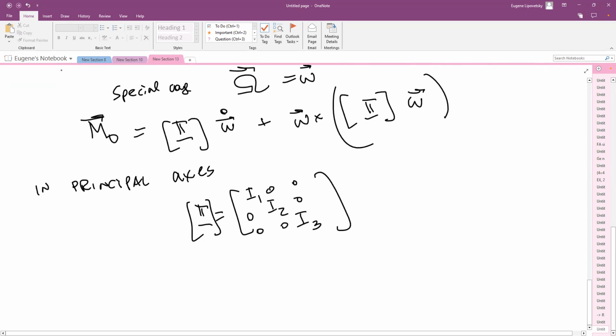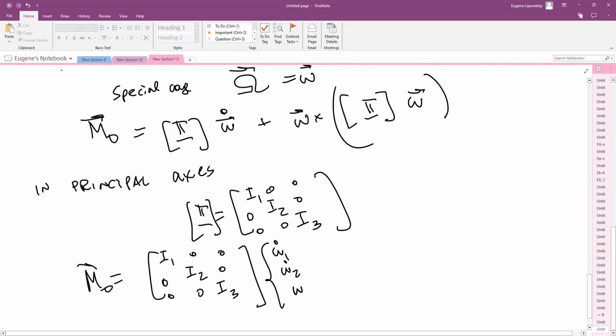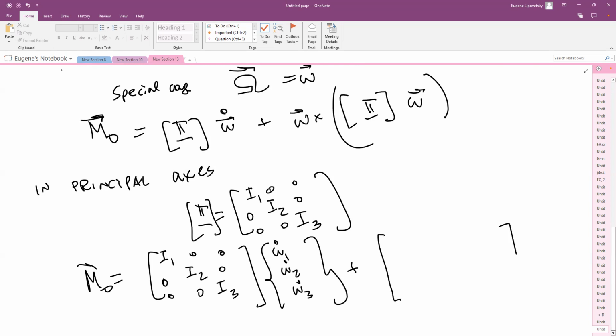So we can expand this and we get the following: M sub O equals I1, I2, I3 times omega 1 dot, omega 2 dot, and omega 3 dot, plus the omega, we'll write it in this form, cross product.